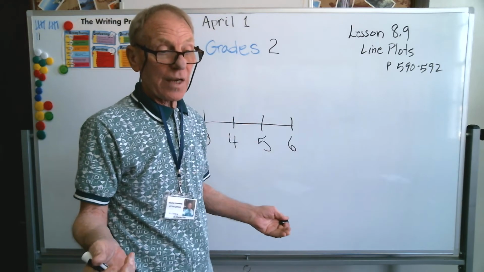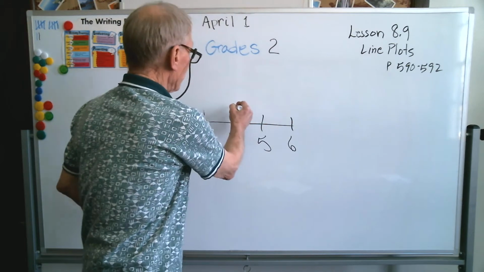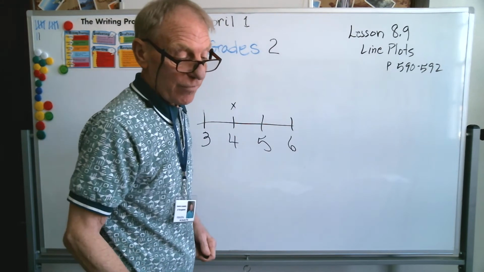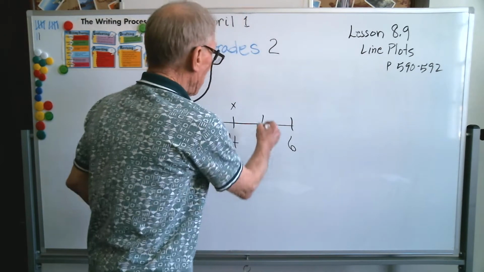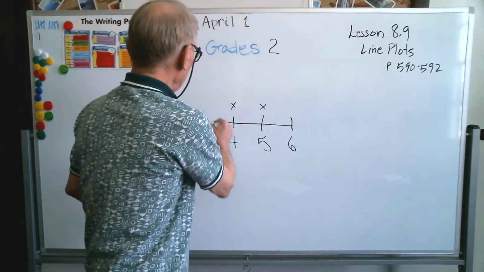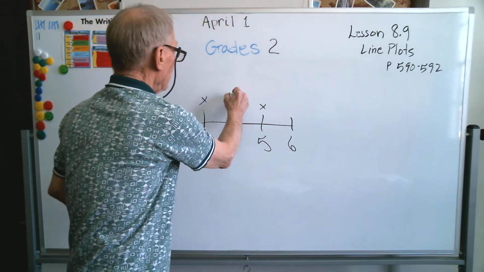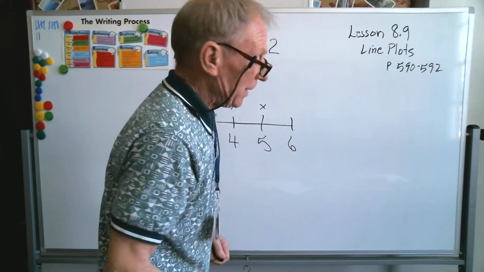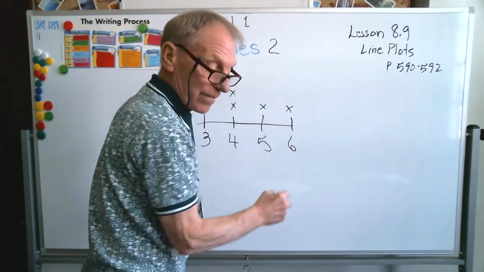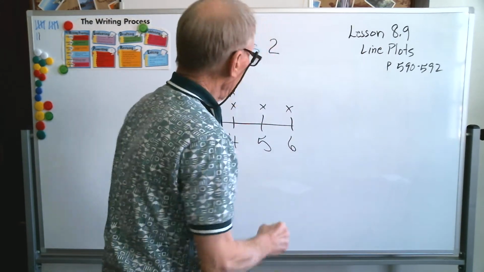Now there are 7 different measurements. They measured 7 leaves. So looking at it, the first one is a 4, so put an X above the 4. Next one is a 5, put an X above the 5. Next one's a 3, put an X above the 3. And we got another 4. And then we got a 6. Another 4. And a 5.